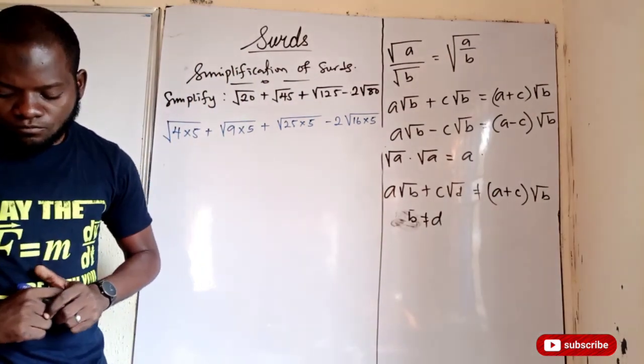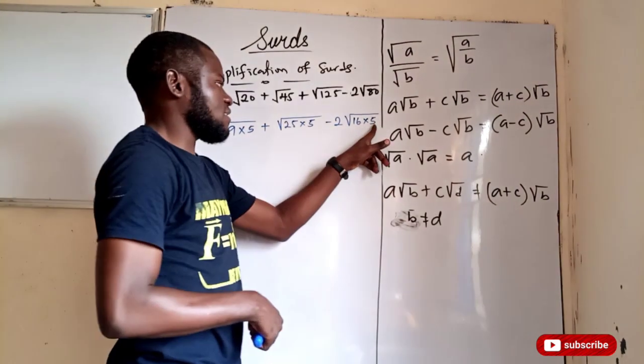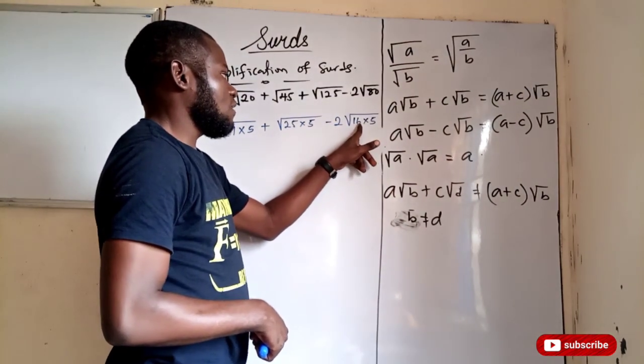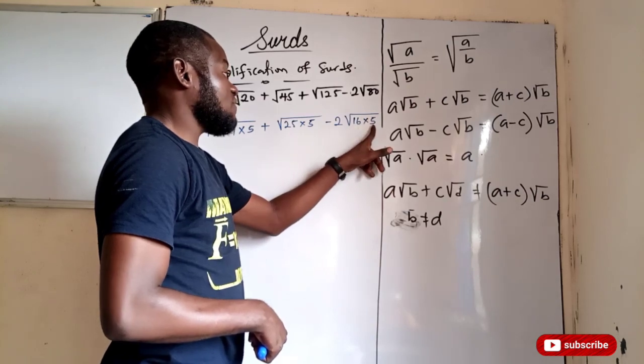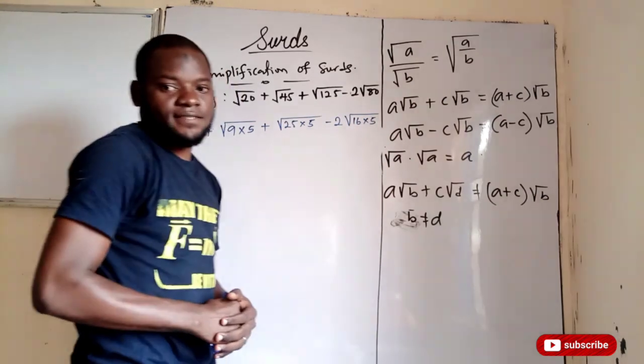Well, 5 times 16, 5 times 6 is 30, we have 0, 4 times 5 is 20, 4 plus... so that's 80.